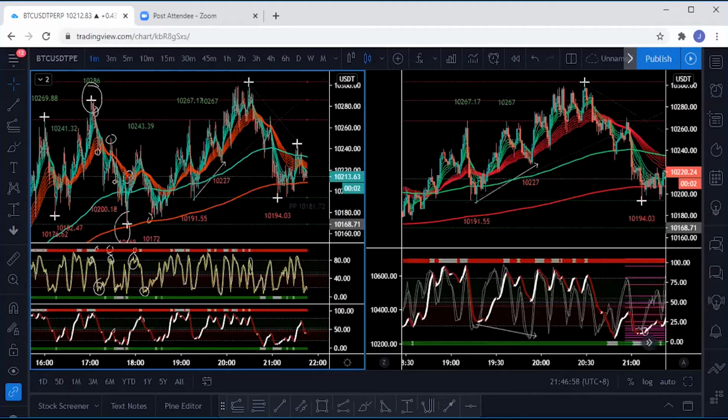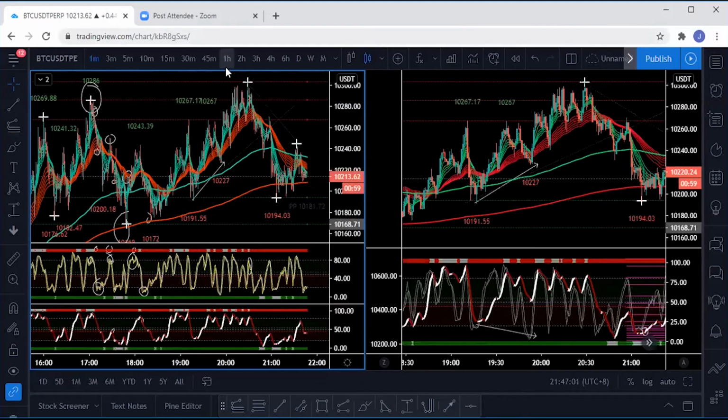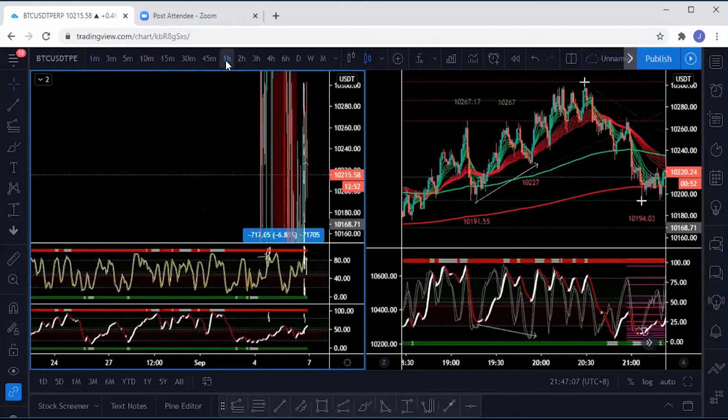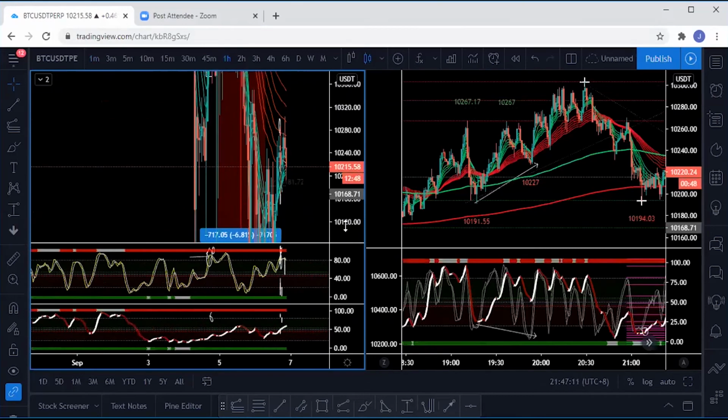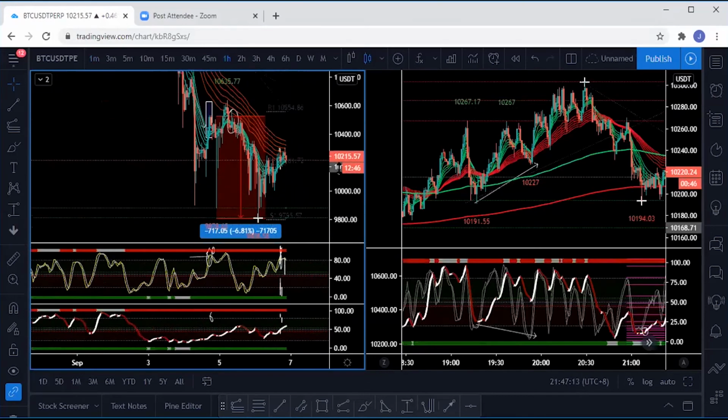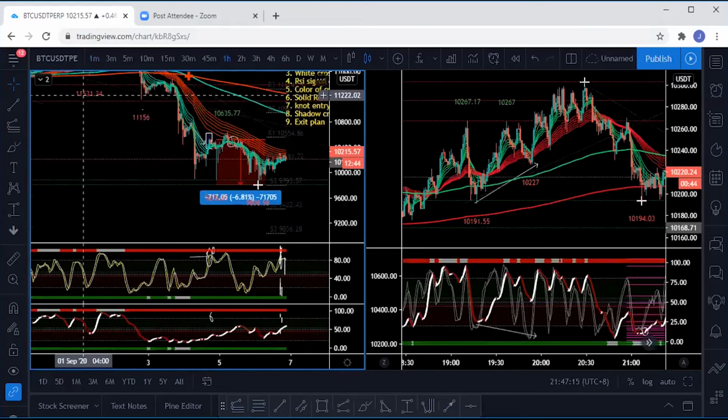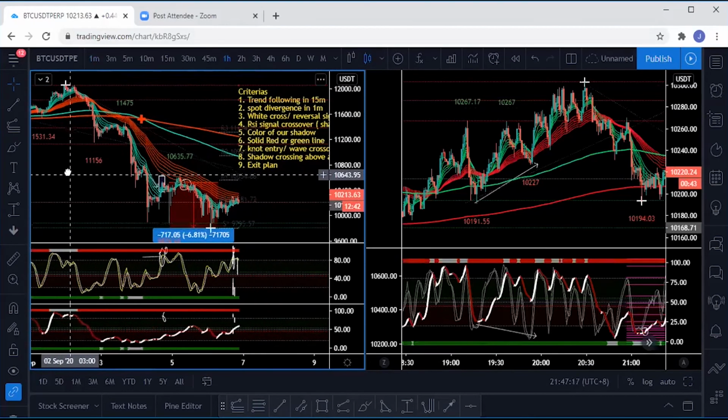So where are you going to plot? Swing trade is from 1 hour above. So you can actually trade in 1 hour: entry point in 1 hour, spot a divergence in 1 hour.